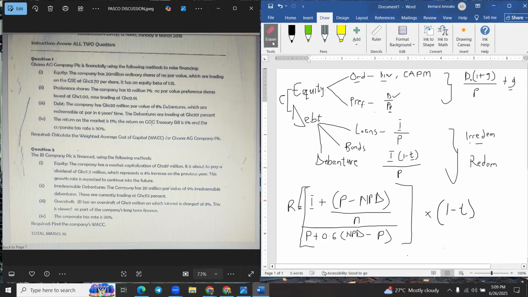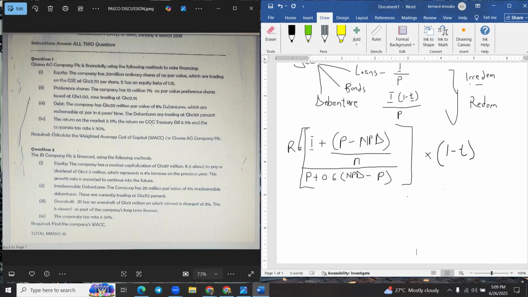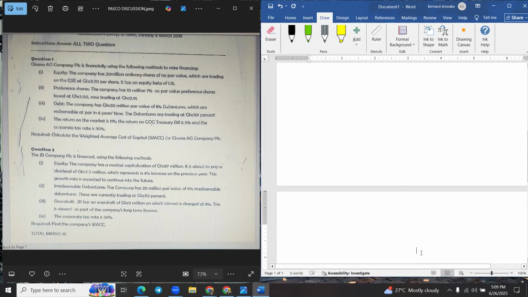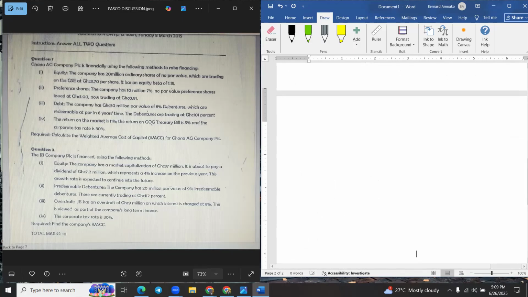All right. Having revised, let's read our question and then provide a solution to our question for today. Question number one. Ghana Aging Company PLC is using the following methods to raise financing. Equity.